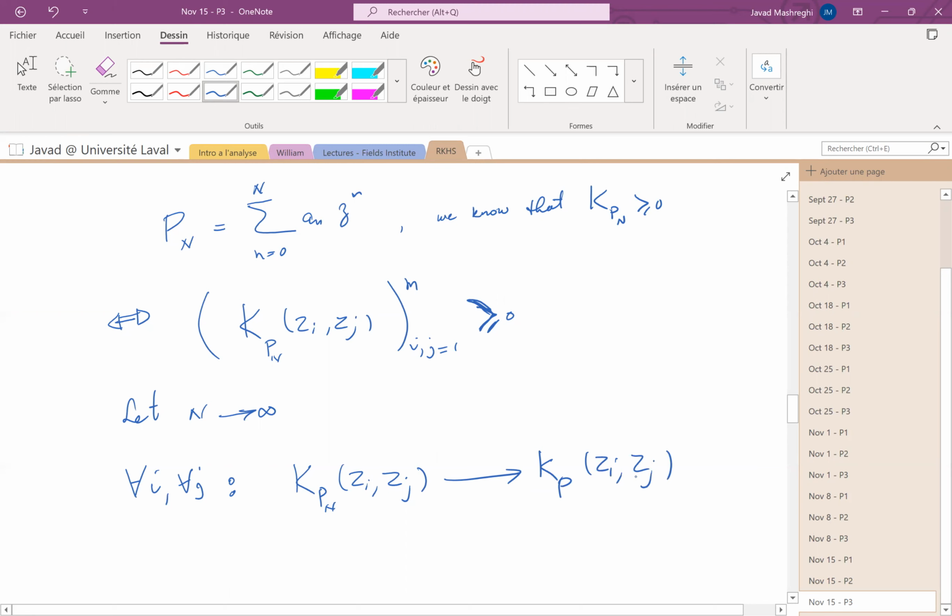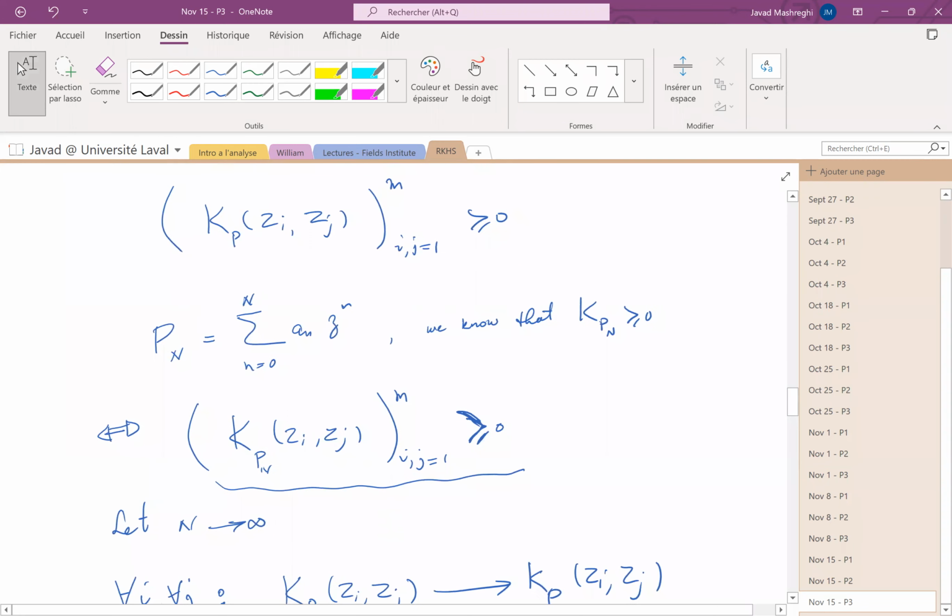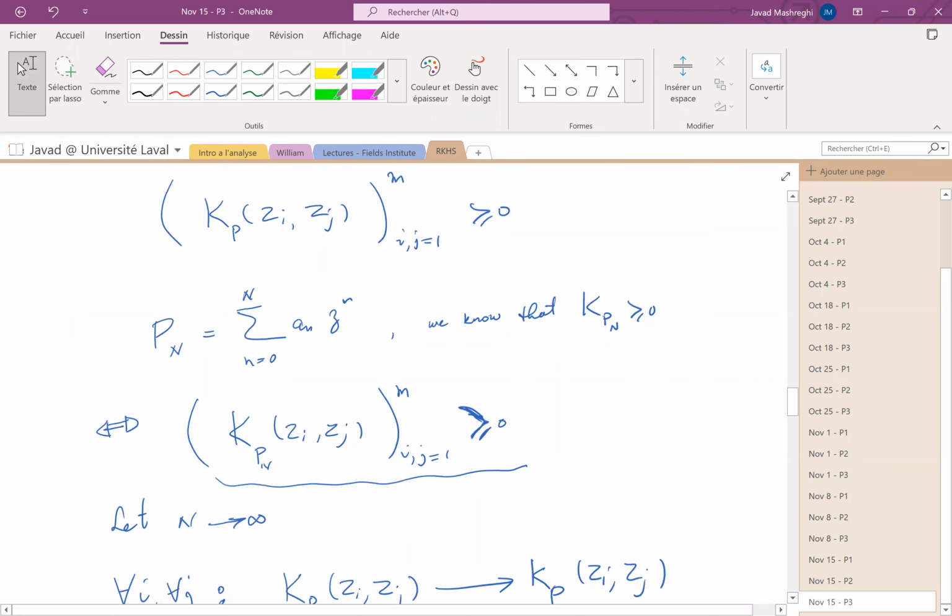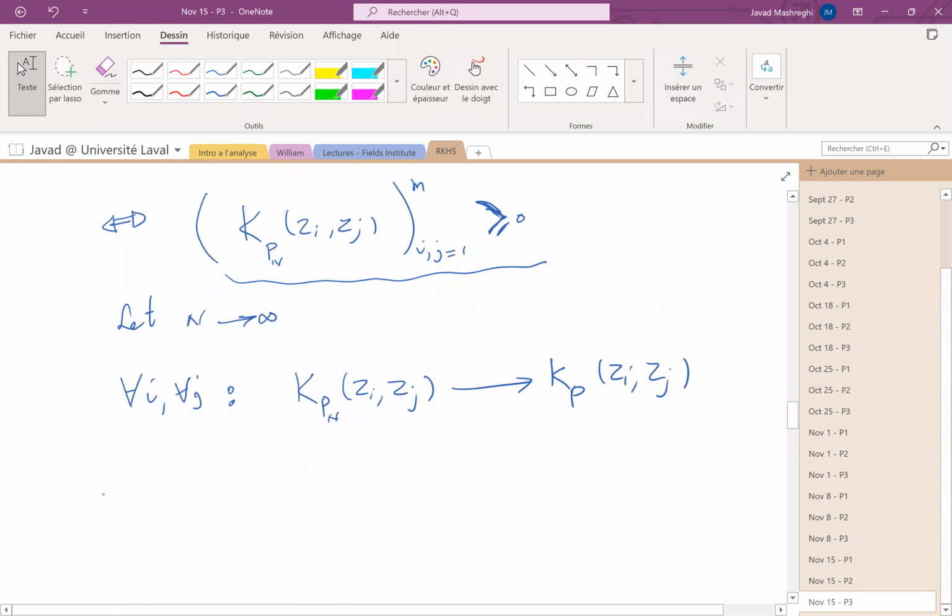And if you write the definition of this, the definition is a sum being bigger than or equal to 0, a finite sum. In a finite sum, you can change the order of limit and sum. And when you change the order of limit and sum, you immediately see that this one is also positive. So this immediately implies that Kp(Zi, Zj) is also positive.